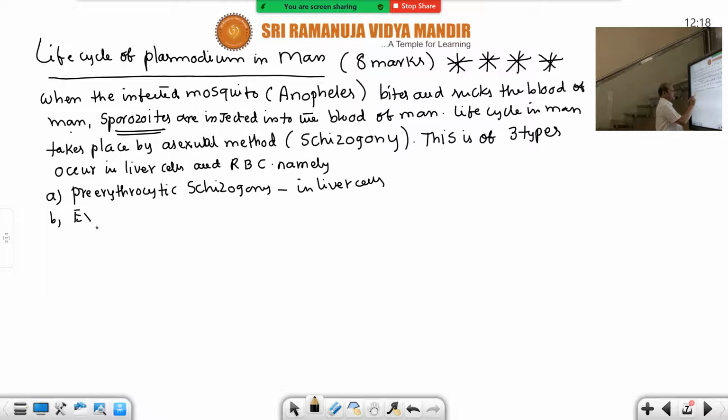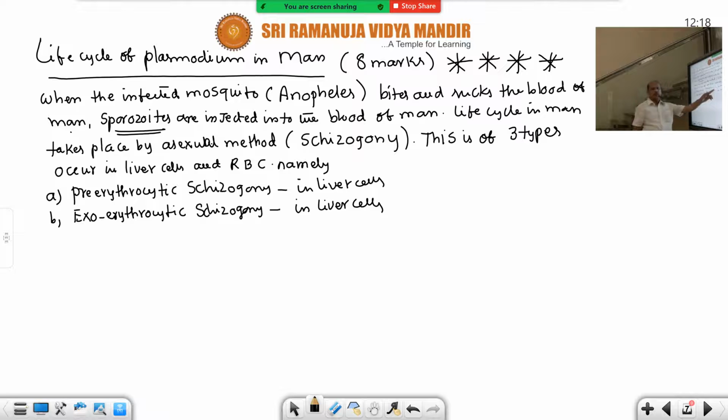Then exoerythrocytic schizogony, which means outside the RBC, inside the liver cells. That's why the second step in the life cycle in man is exoerythrocytic schizogony, which also takes place in liver cells.